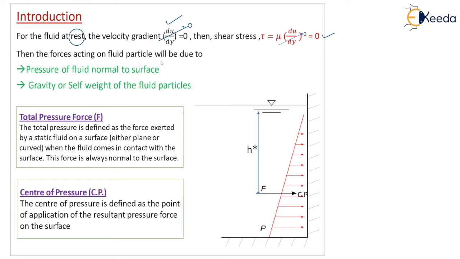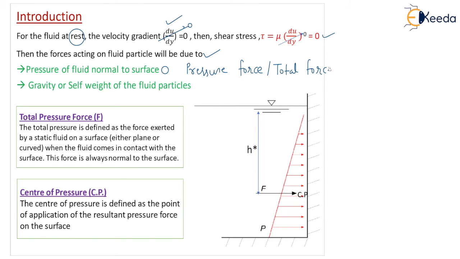So which forces are acting on the fluid particle? The forces acting on the fluid particle will be due to the pressure of the fluid normal to the surface. This is one force. This force is also known as pressure force, or total hydrostatic force, or total force.